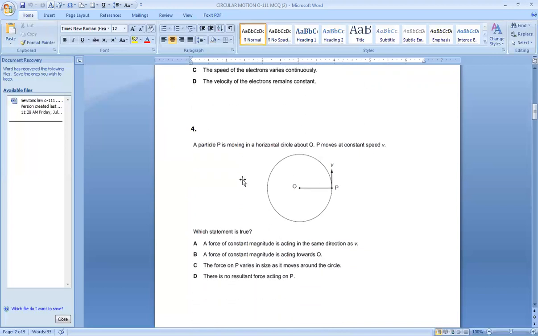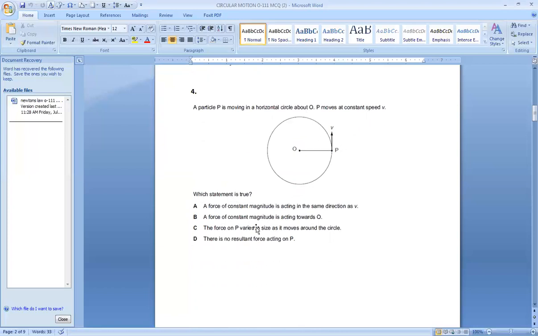Number 4, a particle P is moving in a horizontal circle about O, at a constant speed. Which statement is true? A force of constant magnitude acting in the same direction as V? No. A force of constant magnitude acting towards O. This is the correct answer. So B is your option.